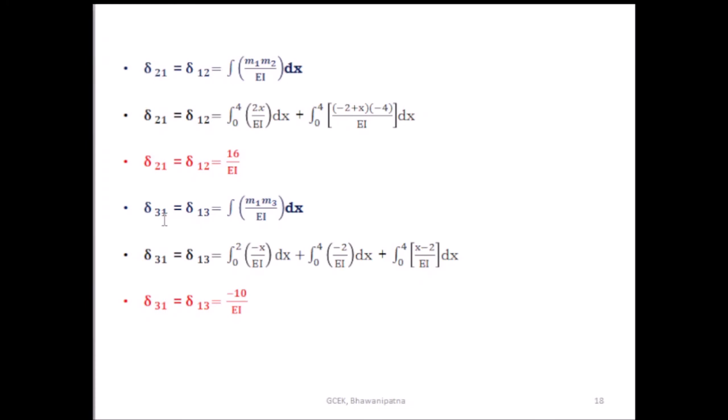Then find out delta 31 is equal to delta 13 is equal to integration of m1 m3 by EI into dx. And you know the value of m1 and m3.